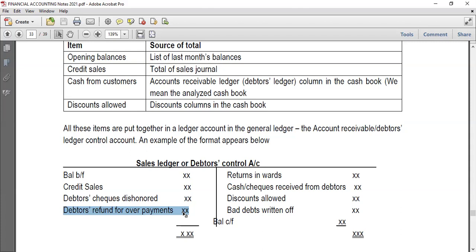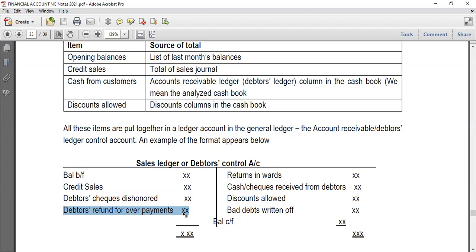So just in case the debtor had paid us more than what they should pay us, that means we credited more money than what we should have credited to their account. In our control account, any debtor's refund for overpayment should be debited because it reduces the amount that we had previously credited, okay?